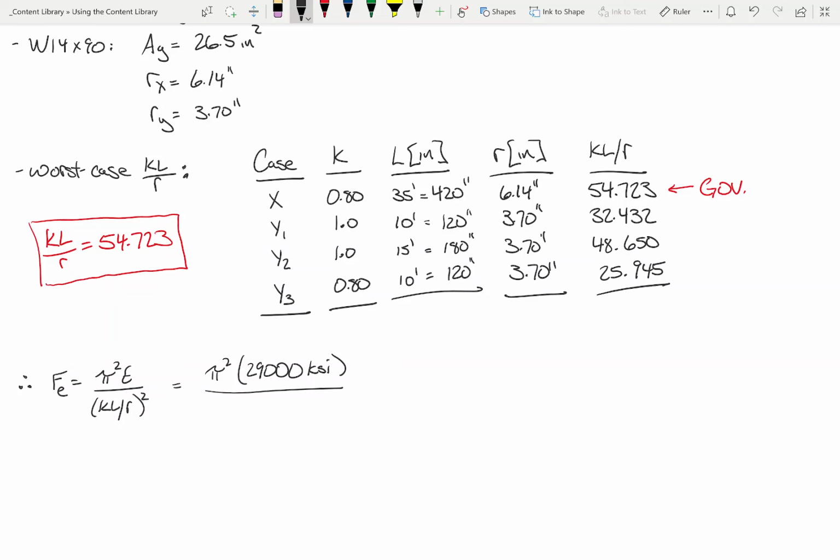Okay, so just on a side note, let's go back to the column curve. So this is KL over R, this is FN, and the column curve looks something like that, right? So as KL over R increases, FN decreases, right? But can somebody remind me, what is the FN value right there?